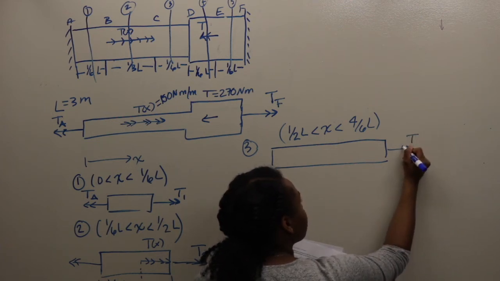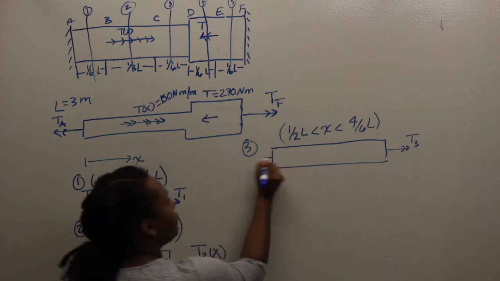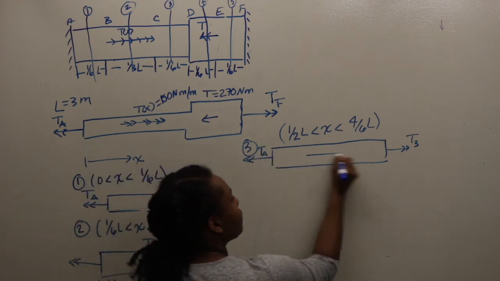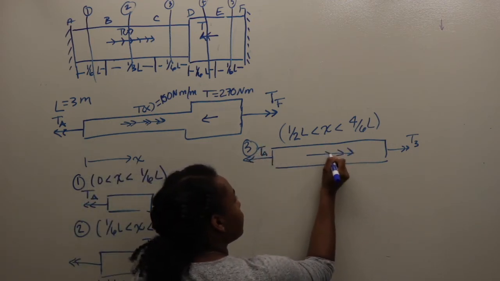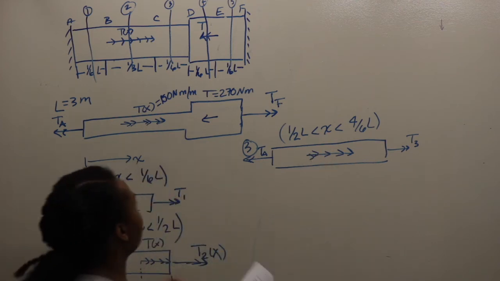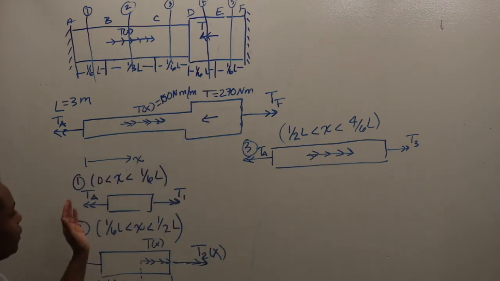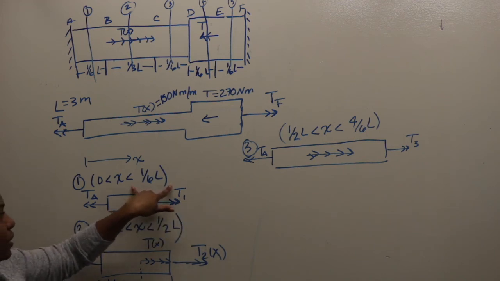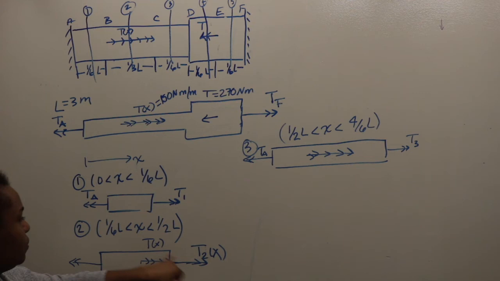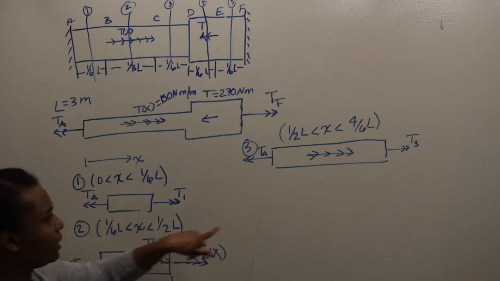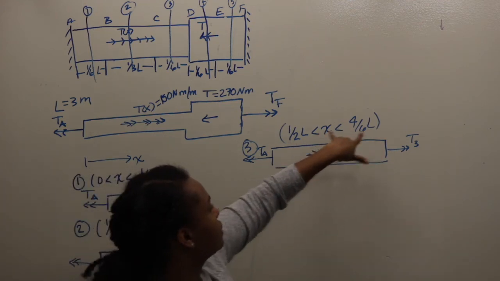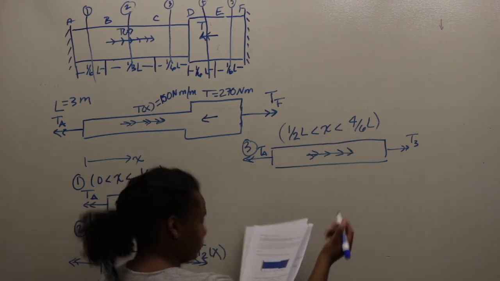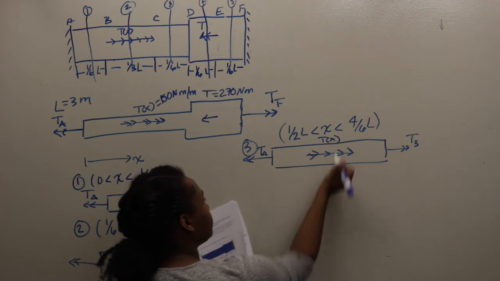And you'll have a reactive torque 3, and a reactive torque at A, but also this distributed torque. And these inequalities are showing you where the reactive torque will be valid. So T1 is valid in between these 2 points of X, T2 is valid in between these 2 points of X, T3 is the reactive torque in between these values of X. And this is T of X right here.